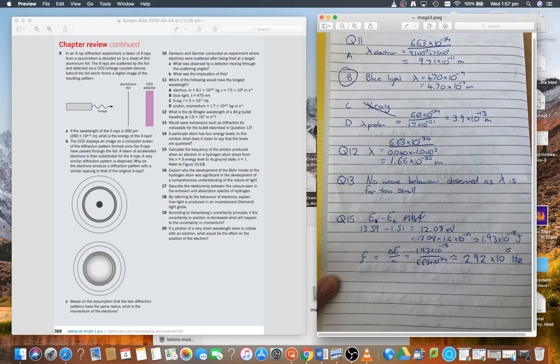You're talking about the spacing of nucleons in the nucleus. 10 to the minus 35, that's nonsense. And also, basically the bullet wouldn't even fit.